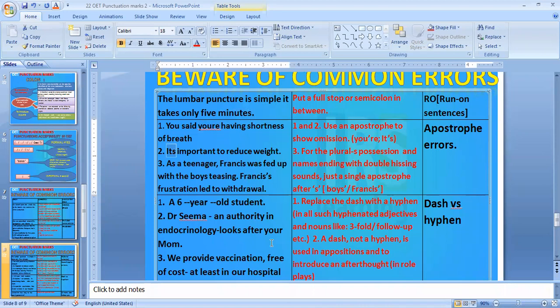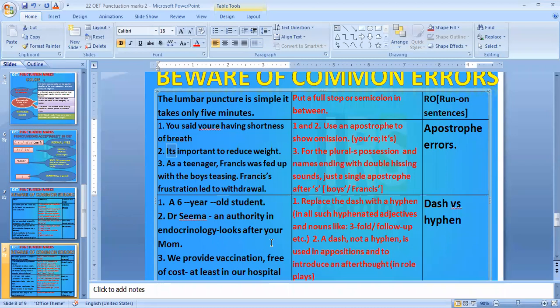To show that missing alphabet, you should use an apostrophe. IT apostrophe S, important to reduce weight. If you don't use apostrophe, it means a possession. The dog wags its tail, that its, ITS, is possession, not it is. Okay.